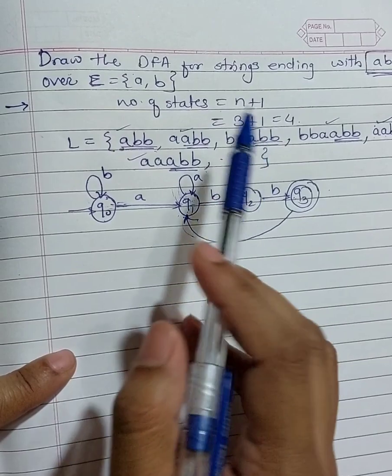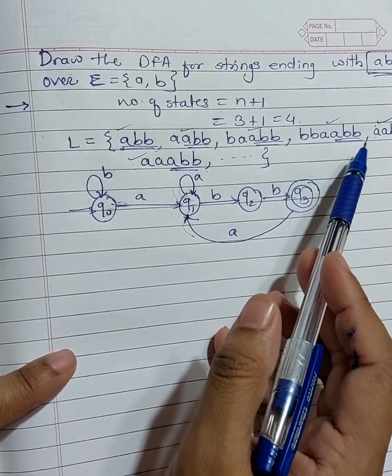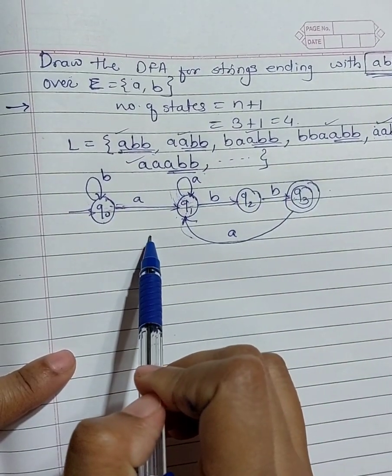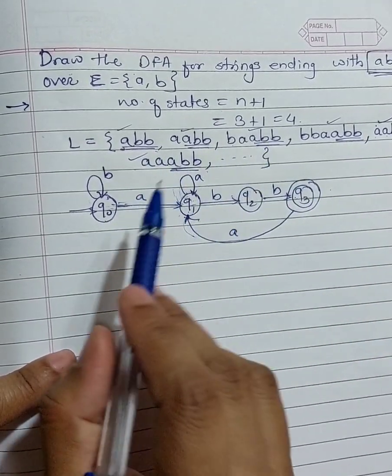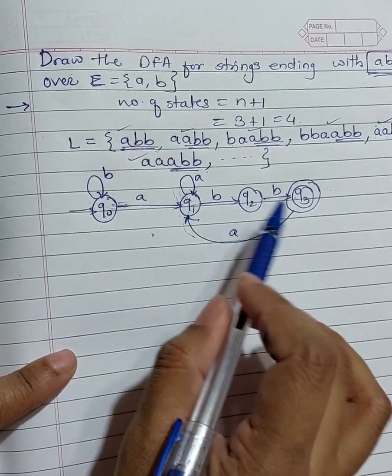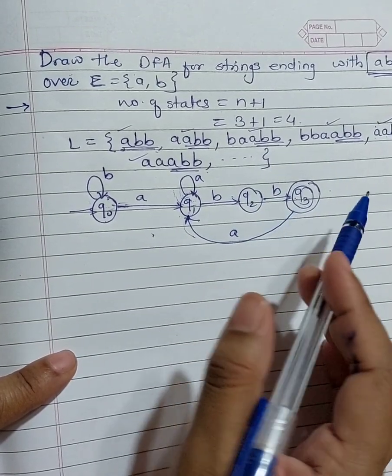Now we have done with that, the strings which we listed all are acceptable over the drawn DFA. The last step is to check each state whether it is having input for all of the symbols or not.